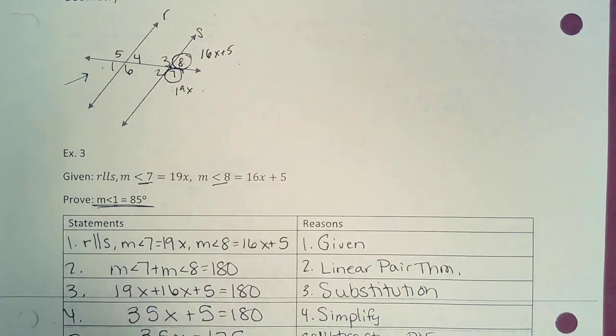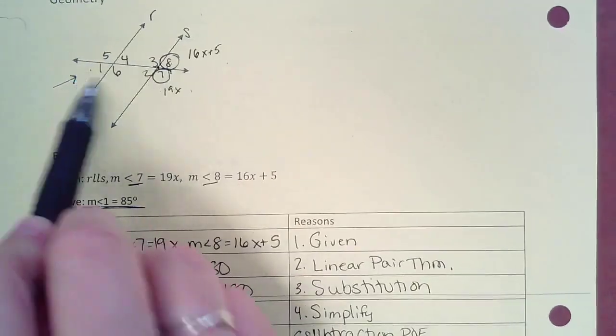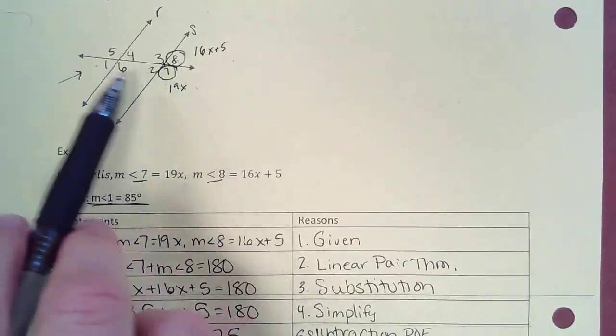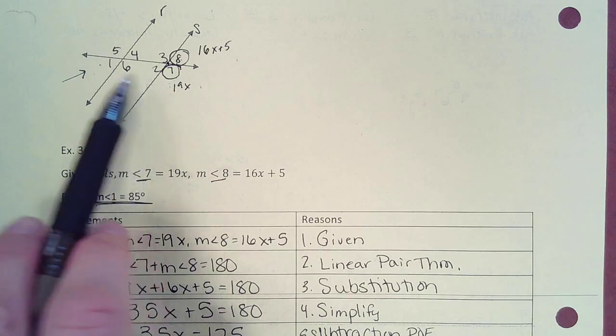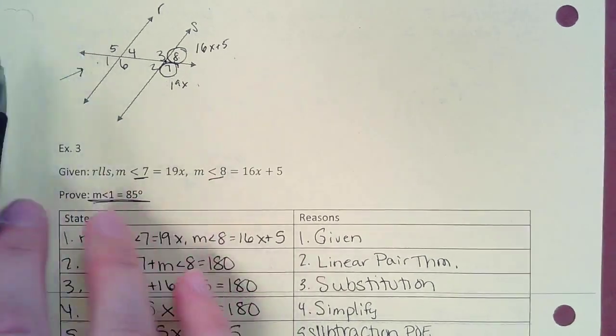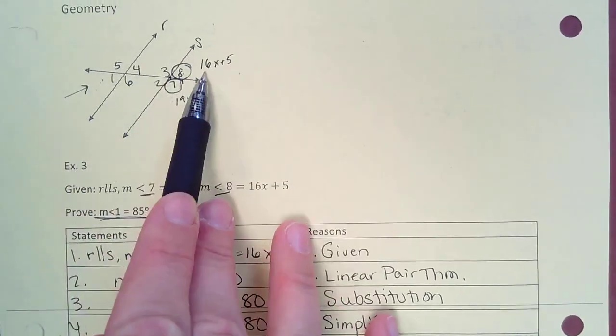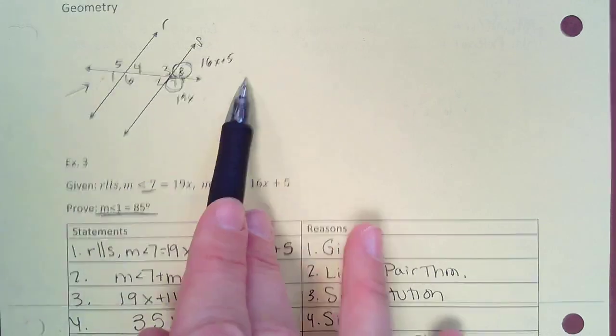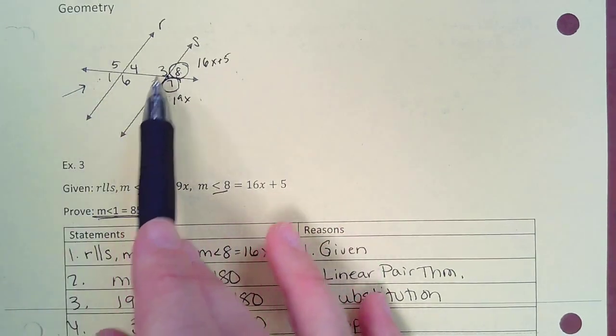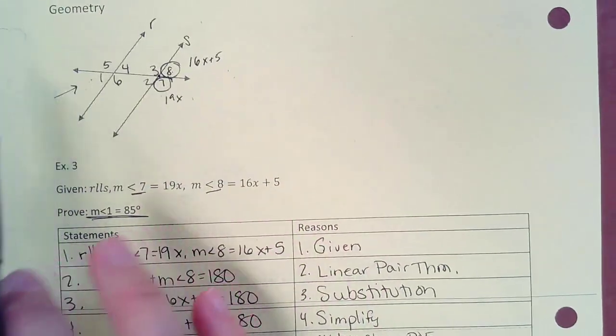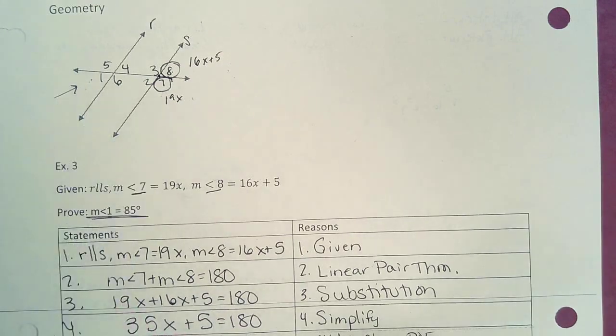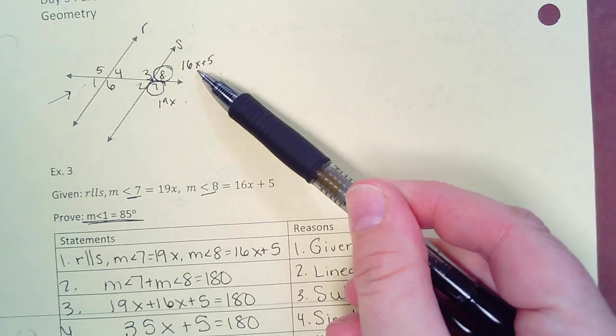Do 1 and 7 have a relationship? 1 and 7 are both on the outside, but they're on the same side of the transversal, so no relationship. 1 and 8 are both on the outside, it's exterior, and on opposite sides, so alternate exterior. They're congruent.